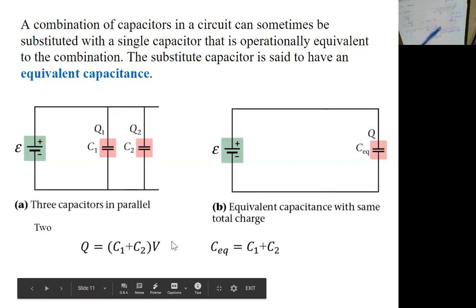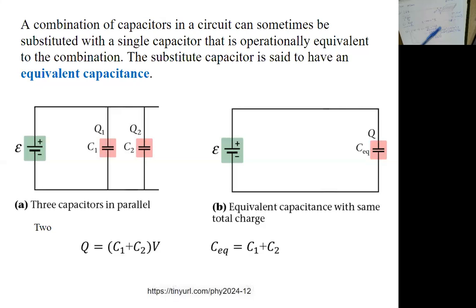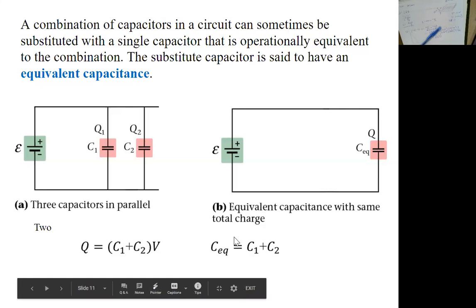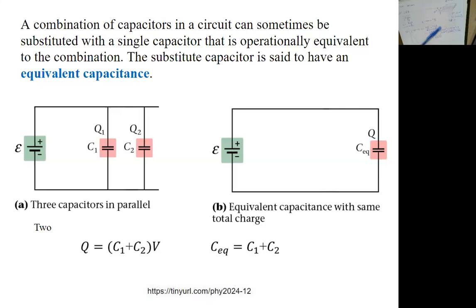If they are in parallel, you add the capacitances up, because the total charge is Q1 plus Q2, or C1 plus C2 times V, as shown in the last slide. So the equivalent capacitance is the sum of the two capacitances. If you have three in parallel, the equivalent is C1 plus C2 plus C3.